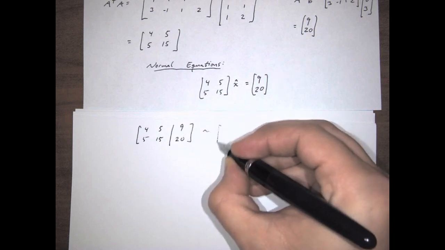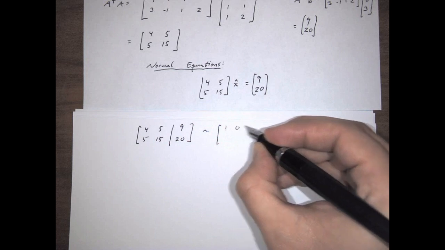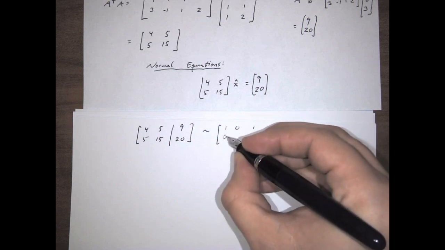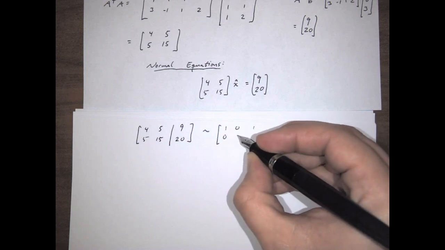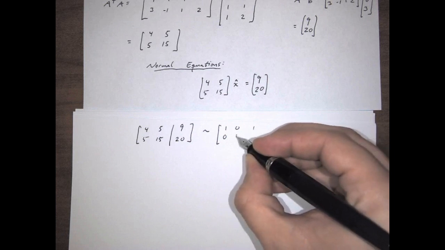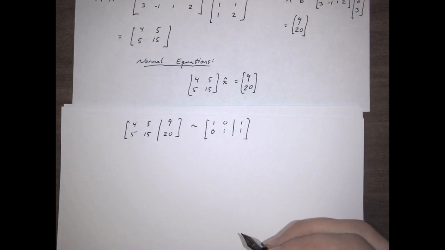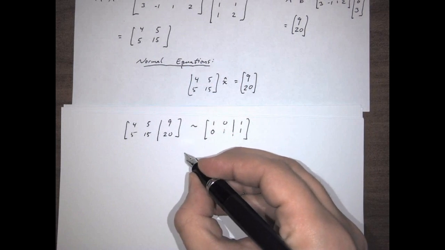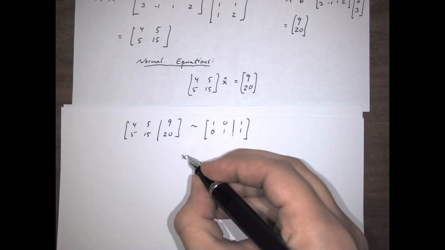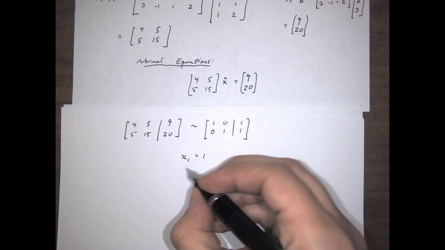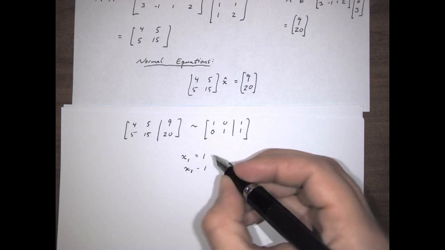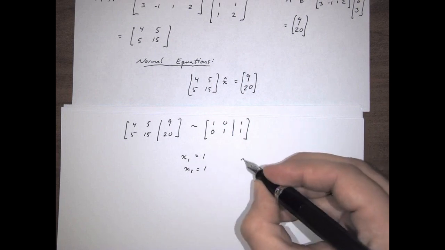Which is, if you row reduce, you'll get 1, 0, 1. I'll leave it to you to verify this. So you will reduce this and you will get this, which then leads you to x1 equals 1, x2 equals 1.